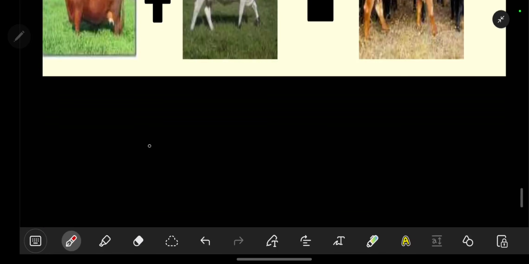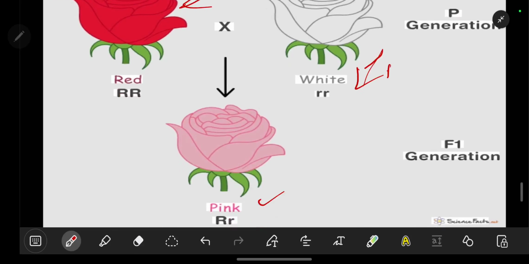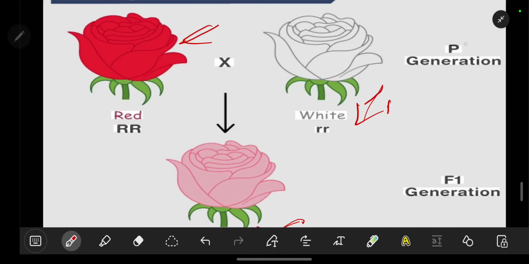Incomplete dominance is also seen in what we call the snapdragon, which are just flowers. So as we can see, we have the red combining with the white to produce the intermediate color which is pink. So this is incomplete dominance.